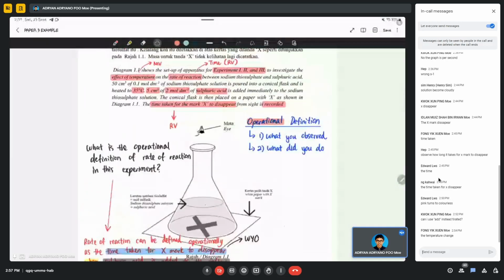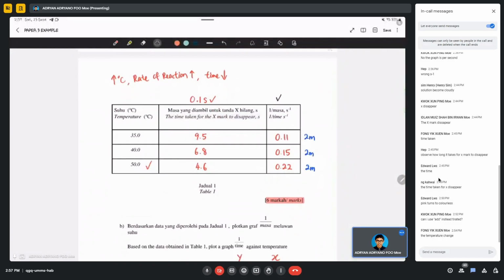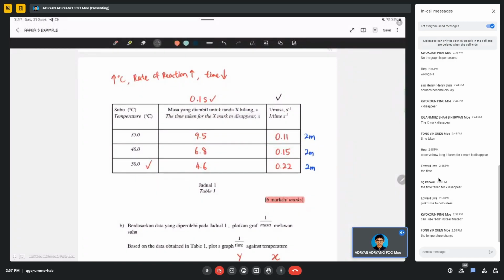Alright, I think that's about it. So let's recap. How do you get marks? First thing, for your data, as long as it's logical, then okay.